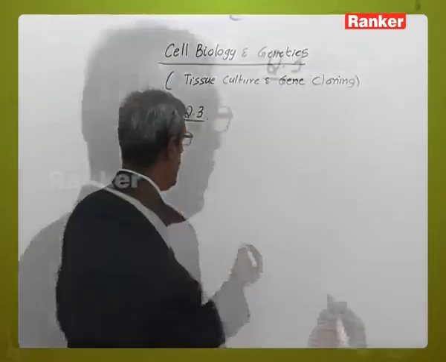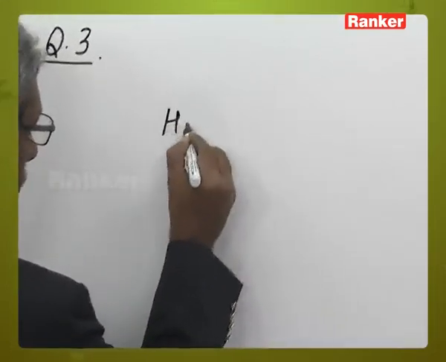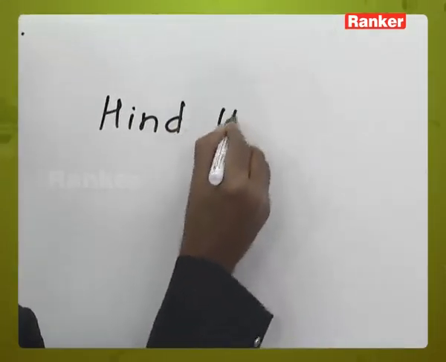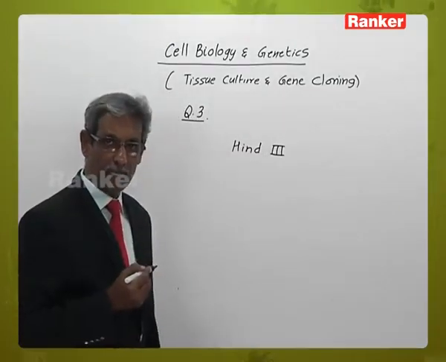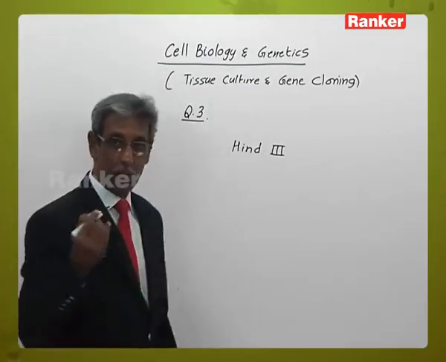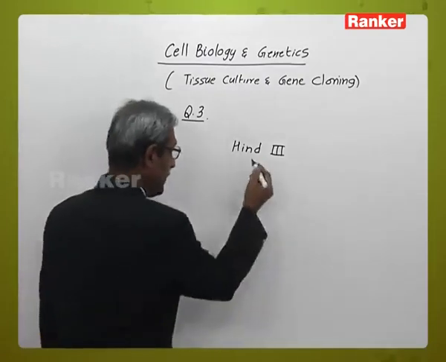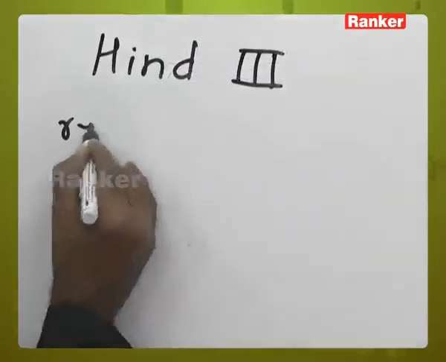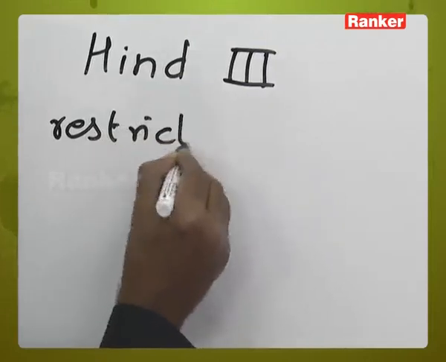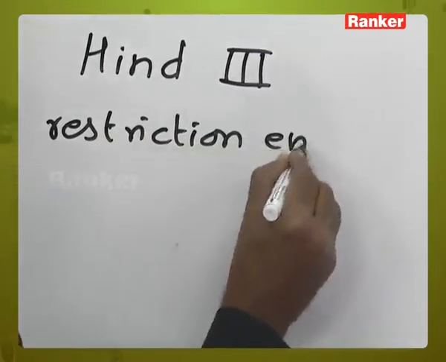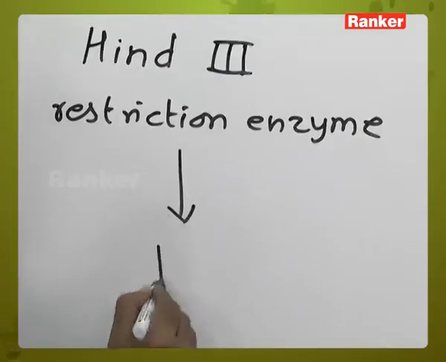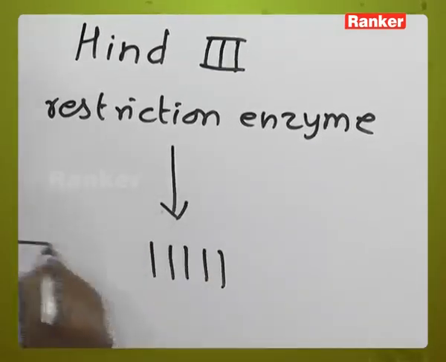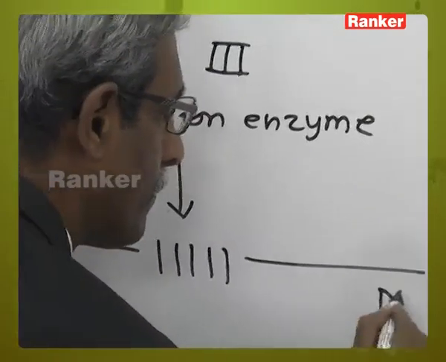They had worked on one particular restriction enzyme called HindIII. HindIII was the first restriction enzyme discovered in Escherichia coli, and this restriction enzyme could locate a specific sequence in the entire DNA.